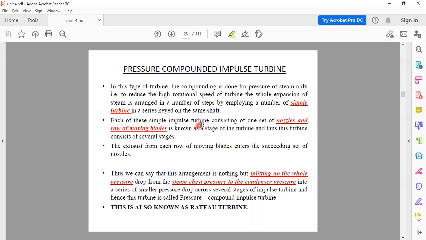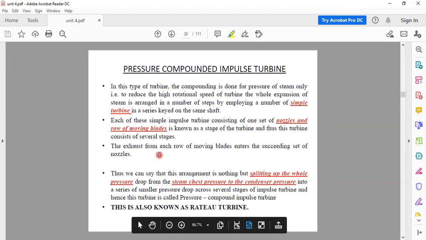Each of these simple impulse turbines, consisting of one set of nozzle and a row of moving blades, is known as a stage of the turbine, and thus this turbine consists of several stages. The exhaust from each row of moving blades enters the succeeding set of nozzles.